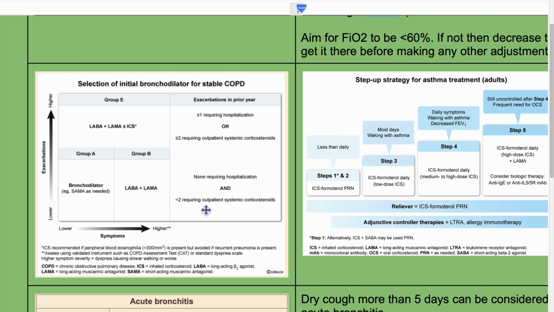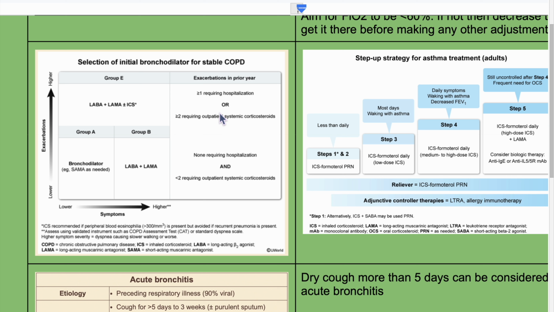So again, you start off with bronchodilators on an as-needed basis, PRN. After that, you go to daily LABA or LAMA. Then if they have exacerbation on the higher end and they have the symptoms, then you do LAMA with ICS. All right. So this section is more than one requiring hospitalization or more than 2 requiring outpatient systemic corticosteroids.